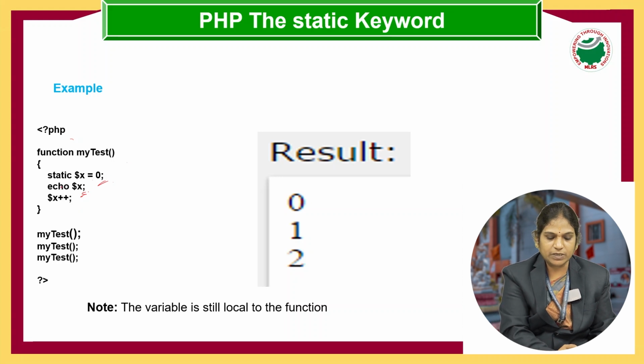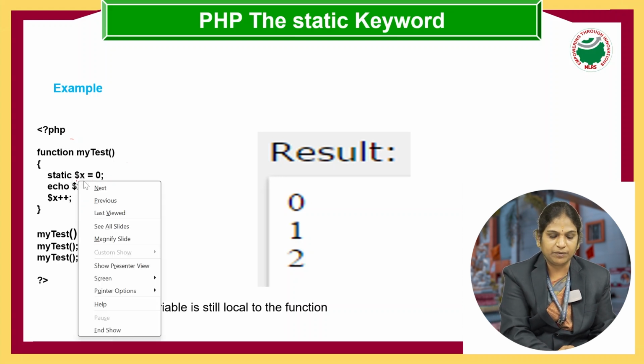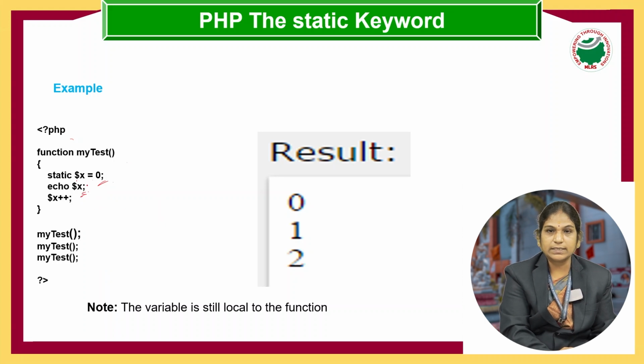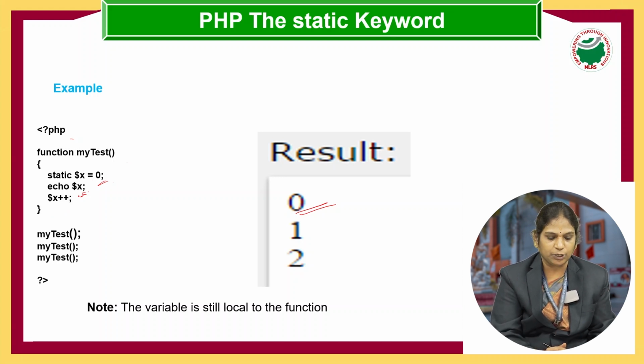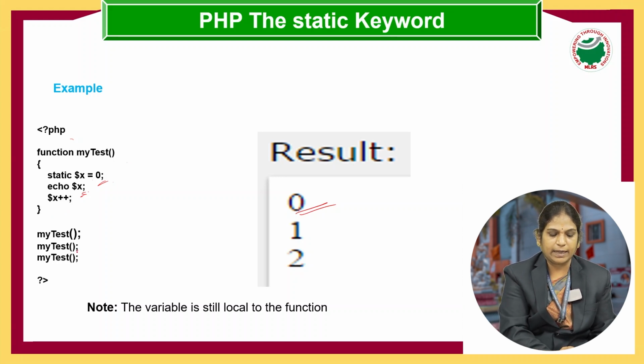It is the first time I have declared a variable, $x equal to 0, and echo $x means it is going to print 0 as the output. And next $x plus plus means after printing it is incrementing the value. So myTest, again I am calling.